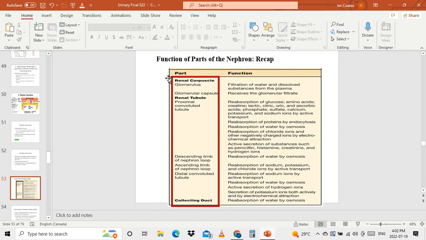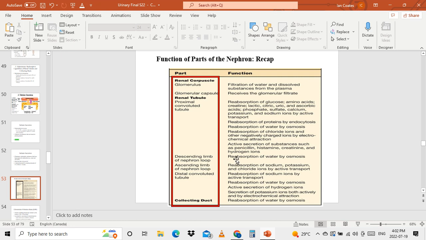So, a nice little recap of what's going on. In the glomerulus, there are details. You've got your proximal convoluted tubule, your PCT, and it gives you details of everything I've said already, probably in more detail than needed, as a matter of fact. There's your descending and ascending loop of Henle.